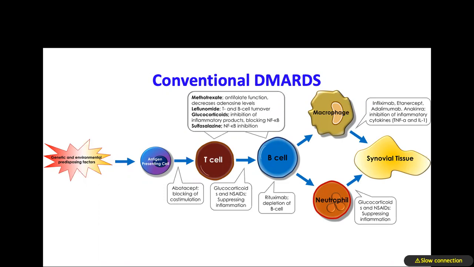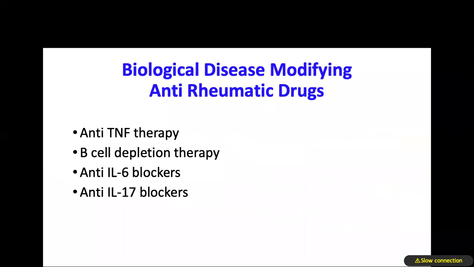So they block the innate immune system response to inflammation, which is why the glucocorticoids and the non-steroidals work very, very quickly.